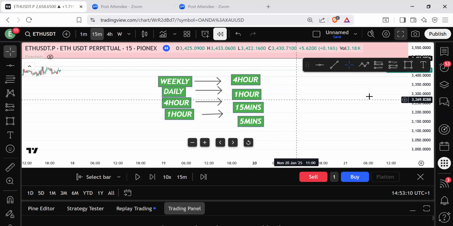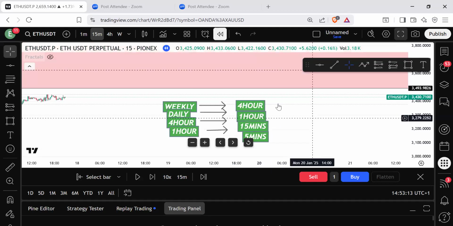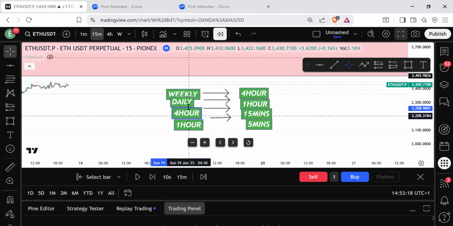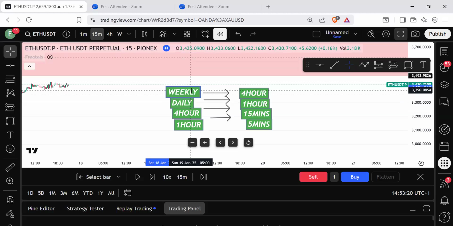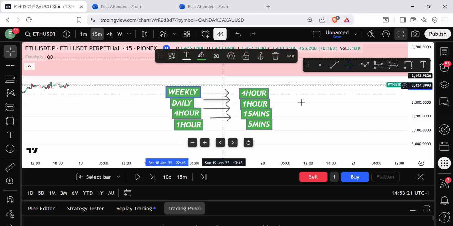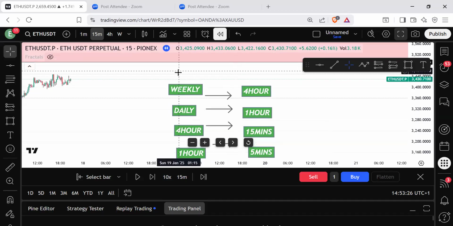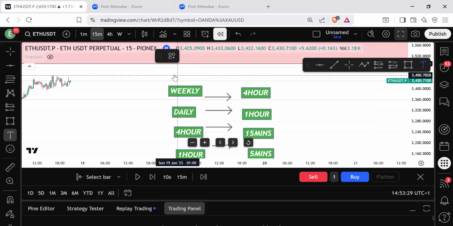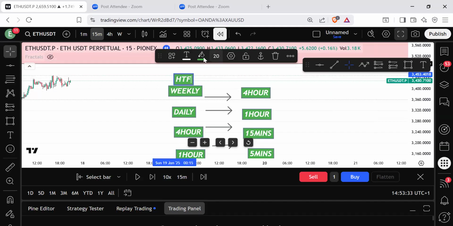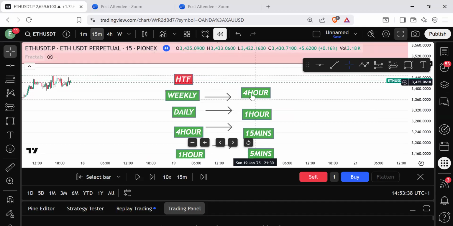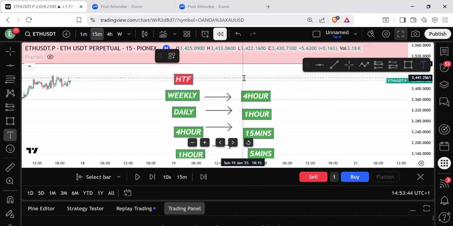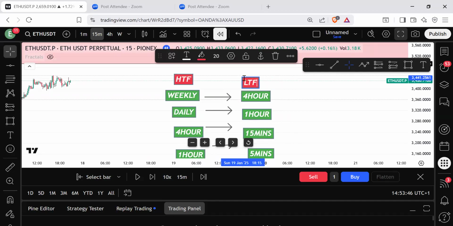Okay, can you still hear me? So if you do your analysis on the weekly time frame, that's the higher time frame. If weekly is the higher time frame, you will be on 4 hour, the lower time frame.